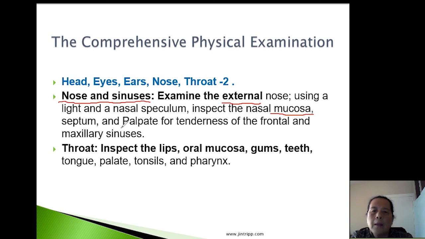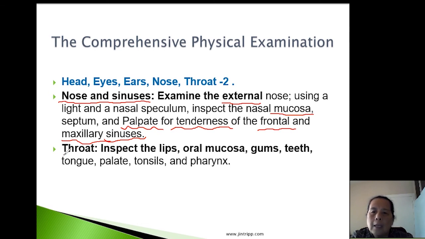And we can palpate for tenderness in the frontal bone area and the maxillary bone area, because those are where the two big sinuses are located. If the patient has trouble with the sinuses, they will feel tenderness there.